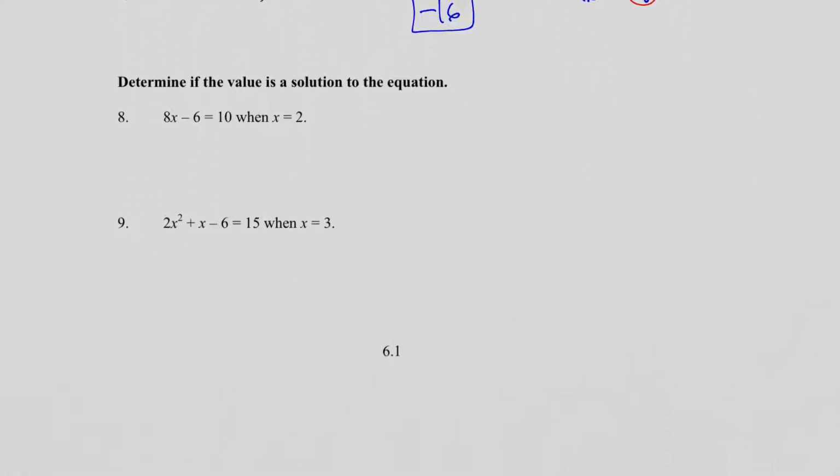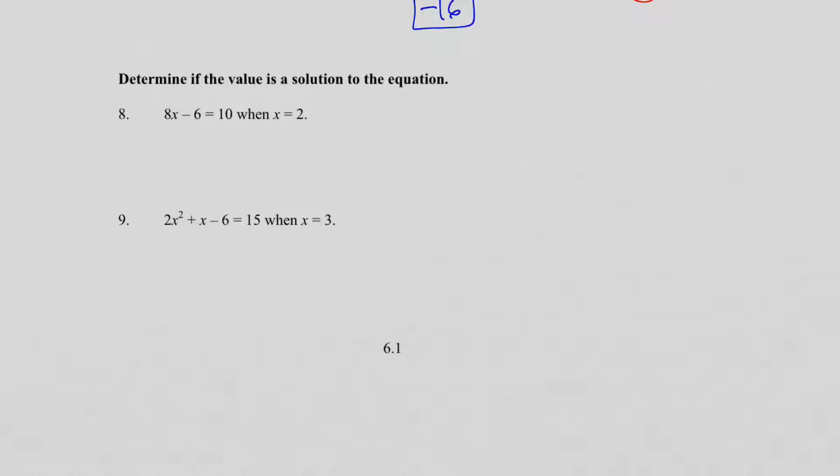Okay, let's take a look at a solution to an equation. A solution to an equation is the number that replaces the variable to make the equation a true statement. So what we're going to do is evaluate this to see if we get a 10. So we're going to put the x right in there.